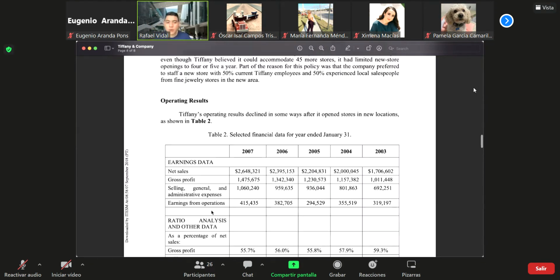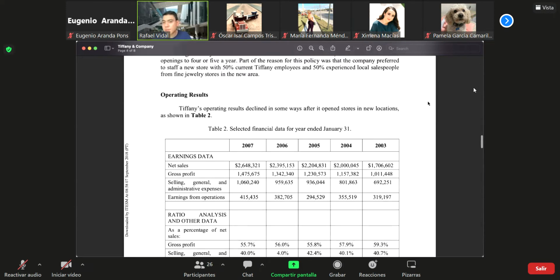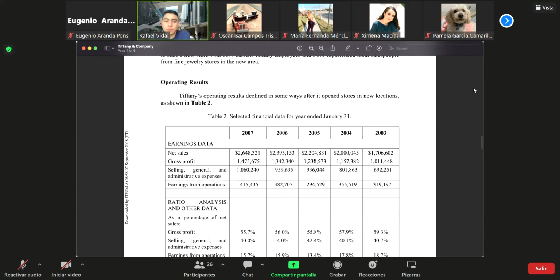So let's start with the income statement. Help me analyze the numbers. We can see the net sales or revenue are increasing, so I don't have to worry about that. I know they are expanding. The gross profit, remember, is revenue minus the cost of goods sold.